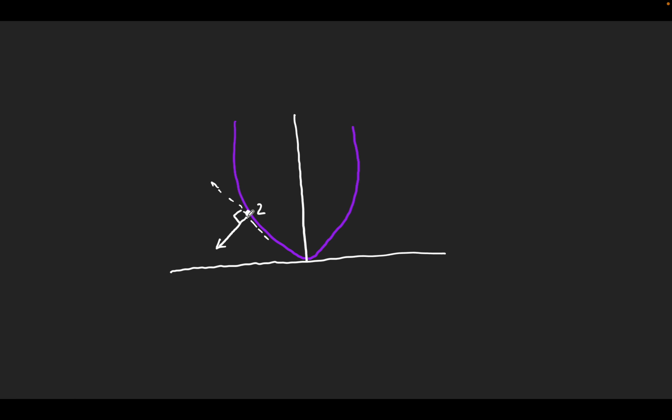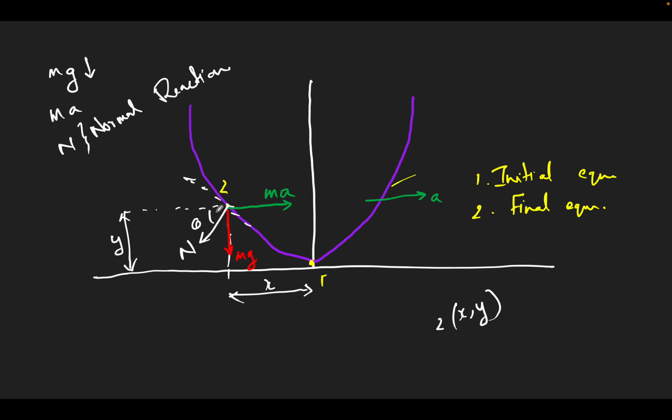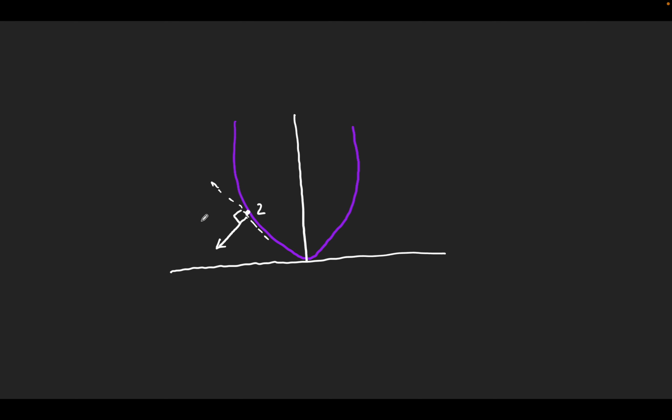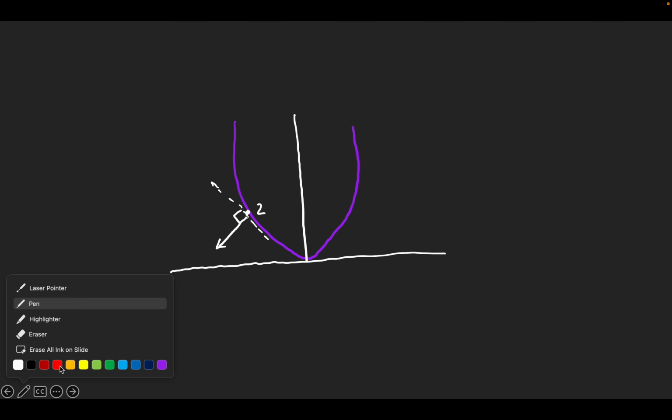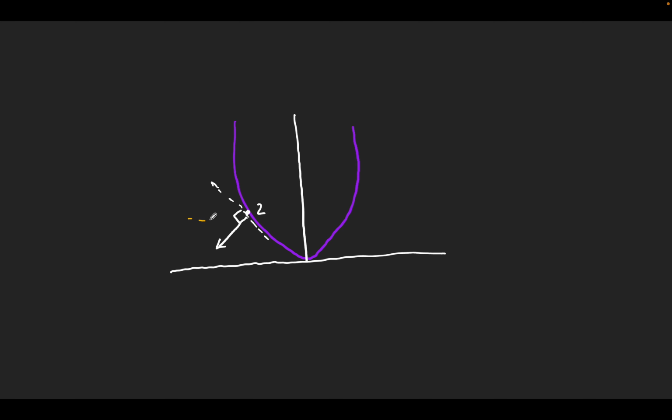And at this point we just got that tan theta. We know this angle is theta. Let me mark that. This angle we have taken as theta. If that is theta, what must be this angle of the tangent?